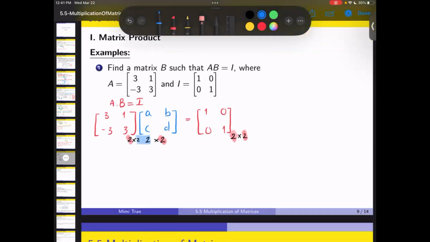Using matrix multiplication, first row, first column: 3 times A plus 1 times C. First row, second column: 3 times B plus 1 times D.